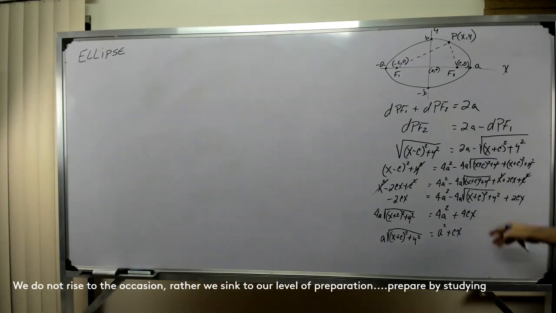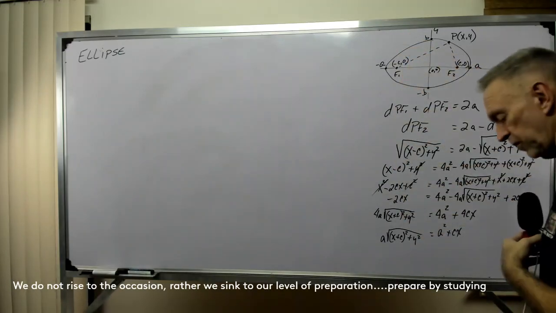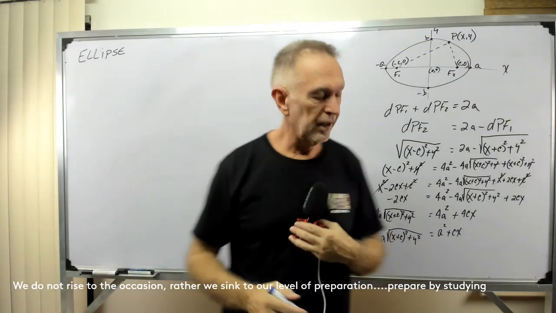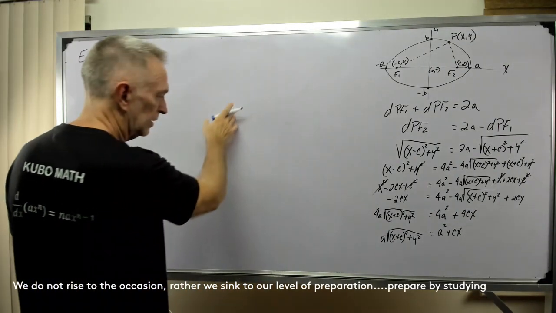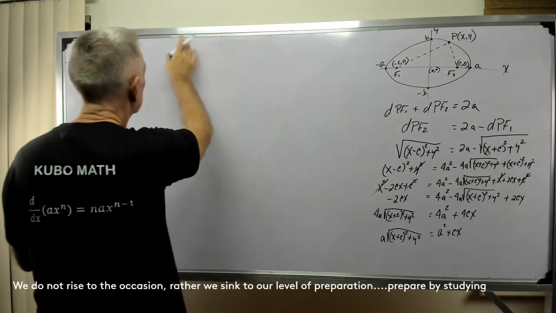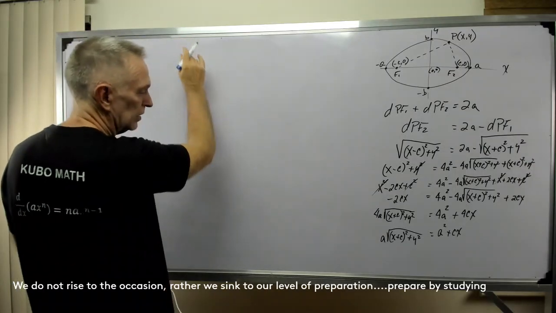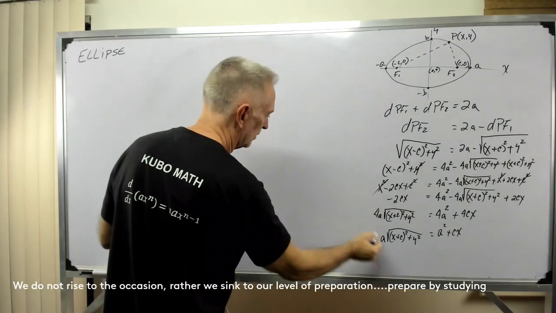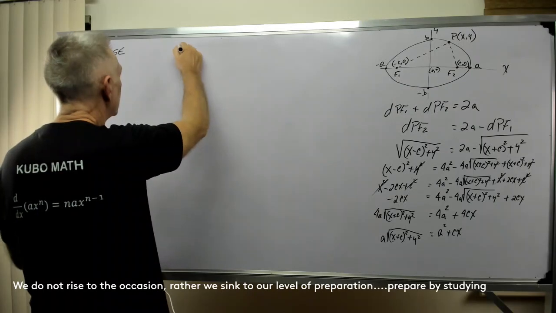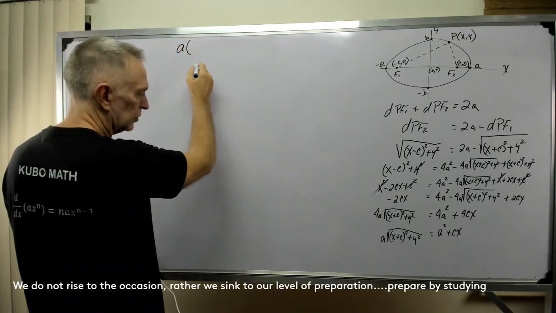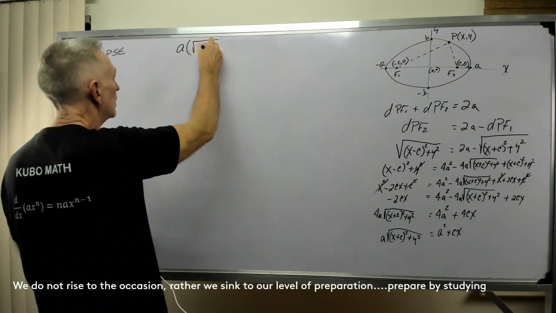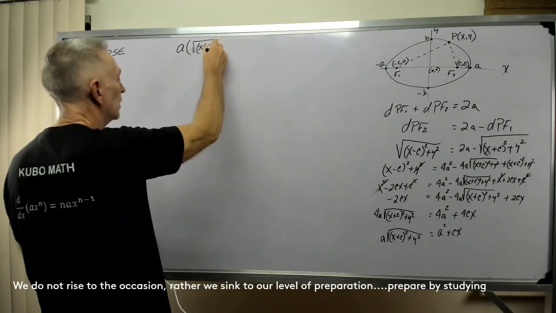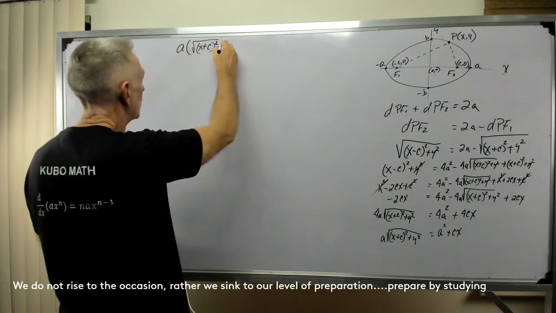All right, now then, we're going to take this over there. So let's just start about here, I guess. So I'm just going to bring that up. So I've got a times the square root of x plus c squared plus y squared.